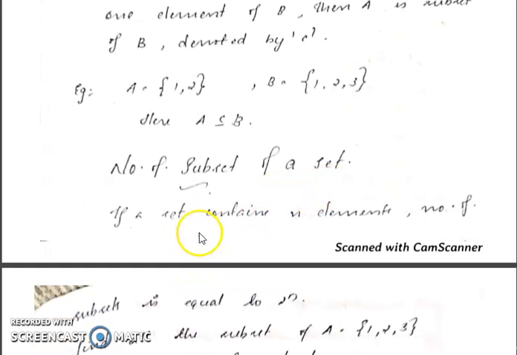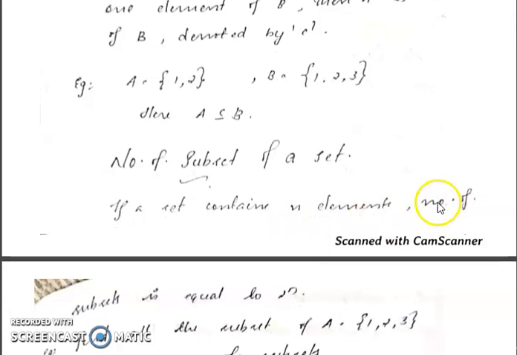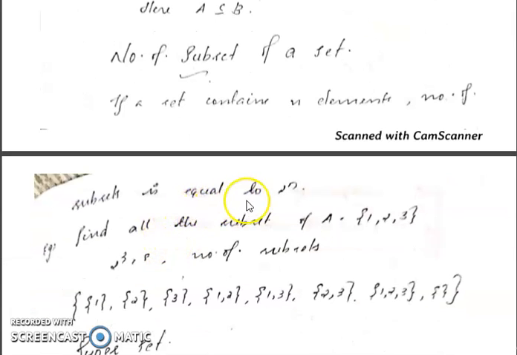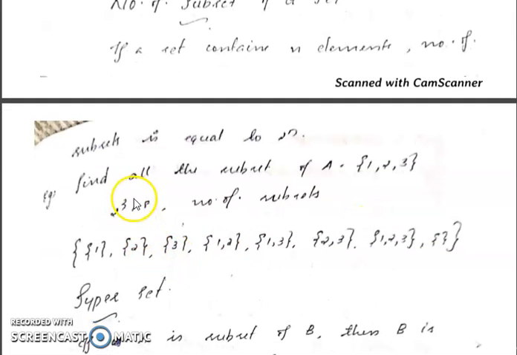Number of subsets: if a set contains n elements, the number of subsets is equal to 2 raised to n. For example, if A is {1, 2, 3}, then 2 power 3 is 8, so it has 8 subsets: {1}, {2}, {3}, {1, 2}, {1, 3}, {2, 3}, {1, 2, 3}, and the empty set.